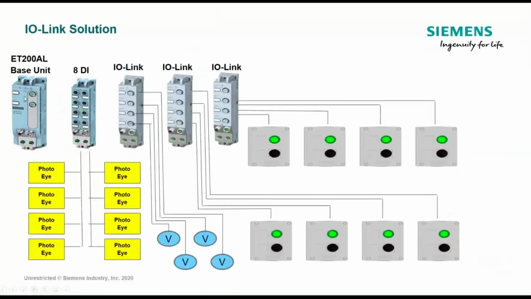With the AL system, you have a base module that's IP67 rated. And then using a little umbilical cord system, you can have expansion modules. In this case, I did 1 expansion module for some digital inputs, and I did 3 IO-Link master modules, 1 to do the 4 Festo valves, and then 2 more to do these custom IO-Link push button stations.